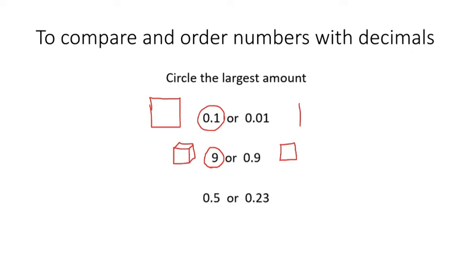Okay, which is bigger, 0.5 or 0.23? Look at those numbers, and this one you've got 5/10, and yet this one you've got 2/10, but you've also got 3/100. So which is smaller? There's a couple of ways of looking at this. First of all, we could think about a 0.5.